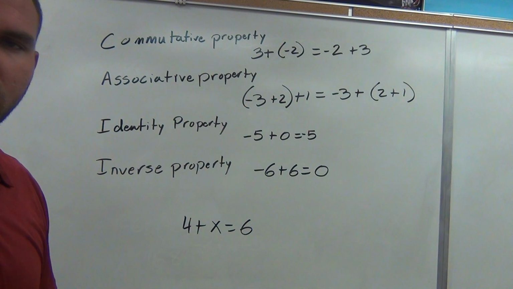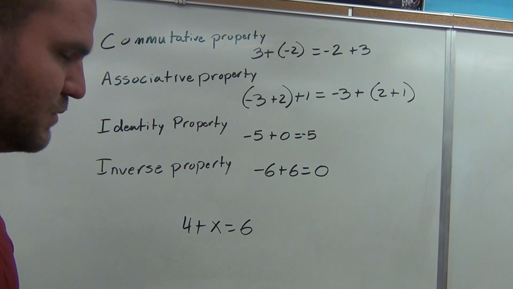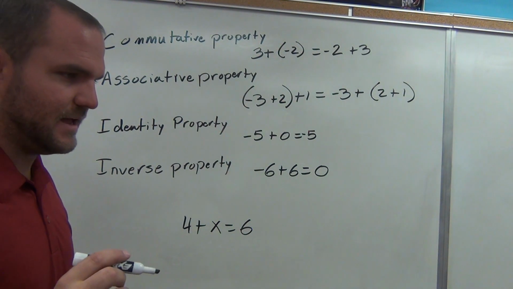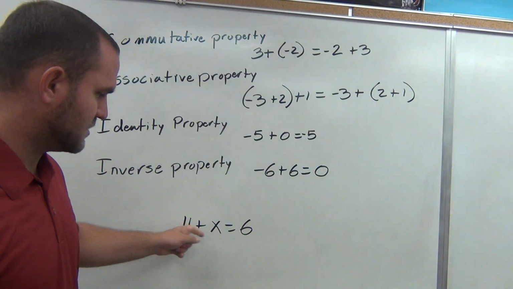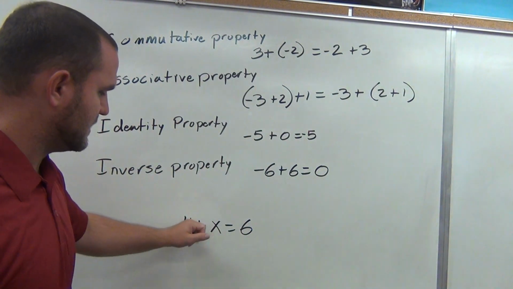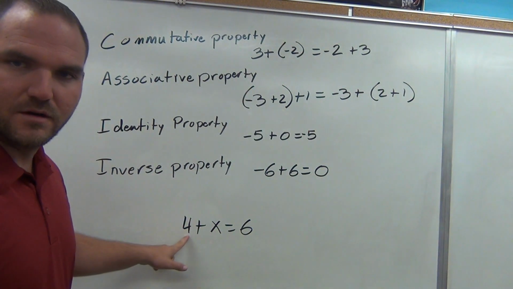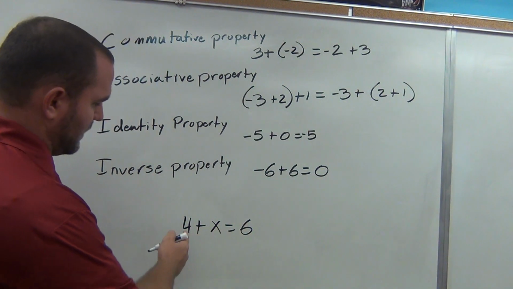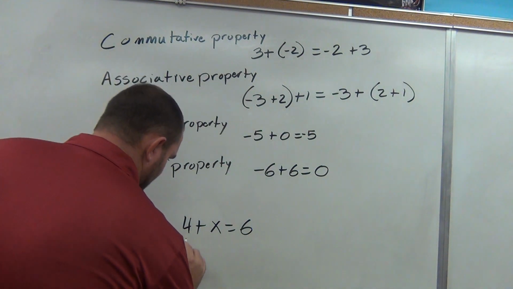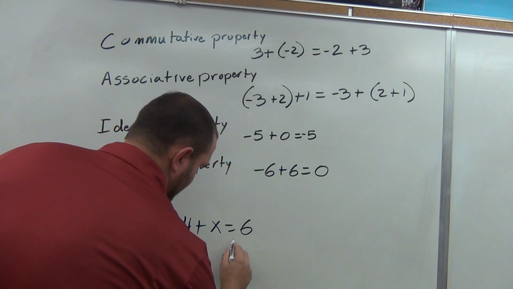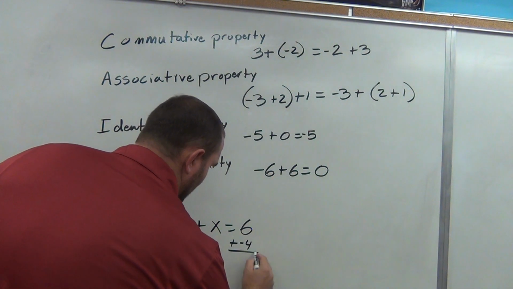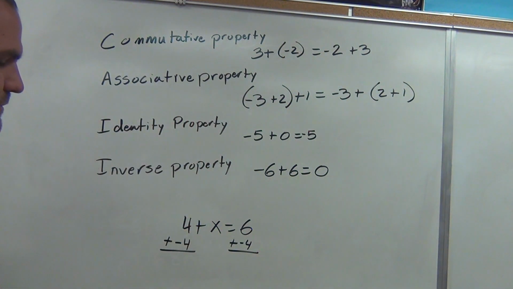But the easiest way that I have come up with to explain this is that I am taking the opposite number. I have an x here, so I'm trying to get rid of this. Take the opposite of whatever is here and add it together. So the opposite of positive 4 would be -4, if I was doing the signs correctly here.